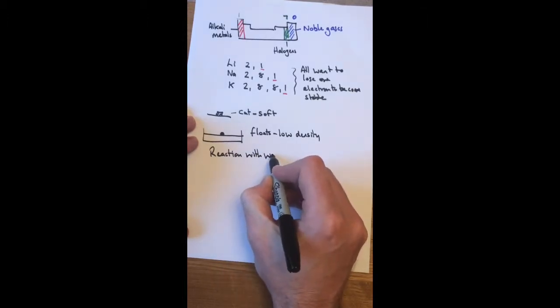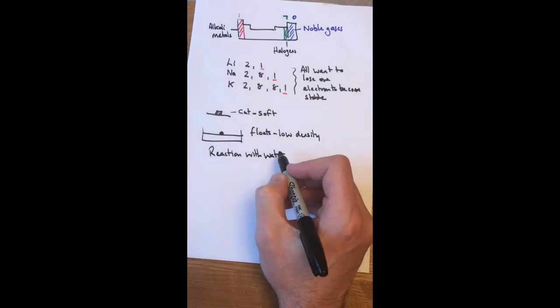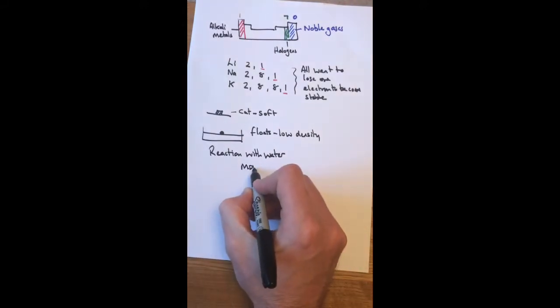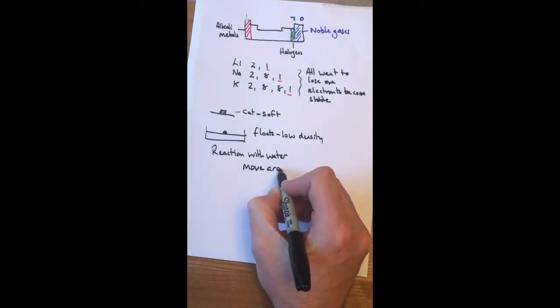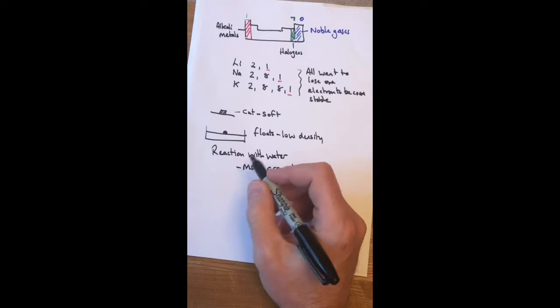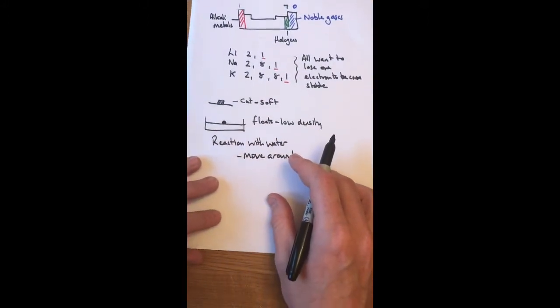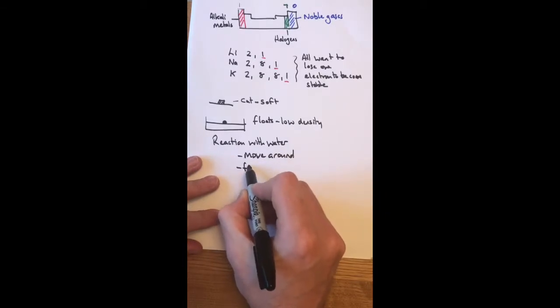So let's have a look at some of the key things about the reaction with water. So during the reaction with water, what you'll see this doing is it will start to move around. So the metal will actually start to move on the surface of the water. And as it starts to move around, you will hear it fizzing.